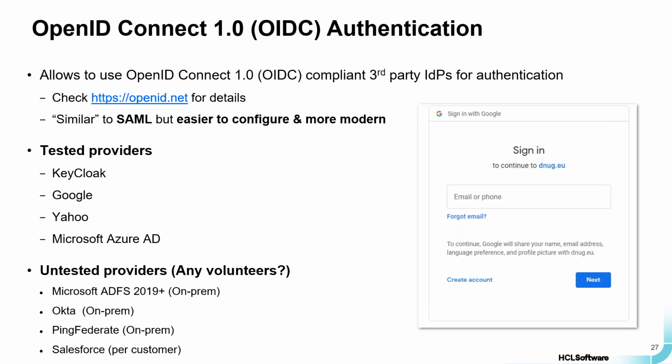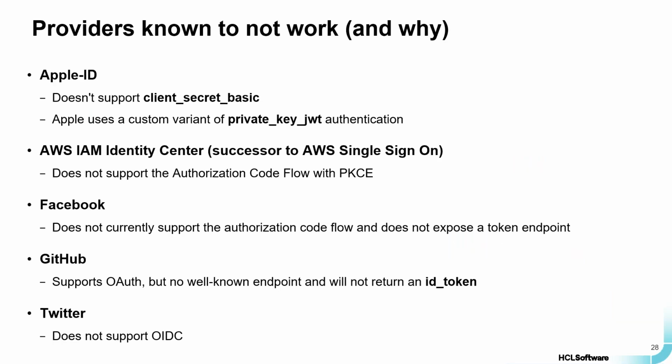If someone is going to test it, and if you run into problems, I would volunteer to help you to get it working, but I don't have those environments. Here are some that will not work because either, like in the Apple case, they have some special requirements that are being worked on for the next release, or others are not fully OIDC, OpenID compliant.